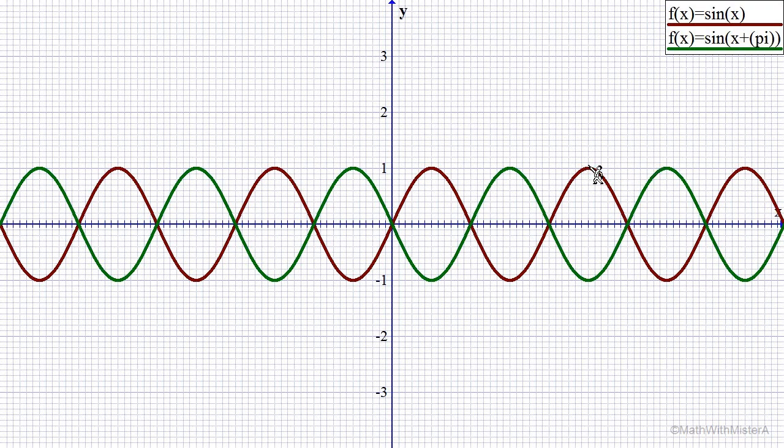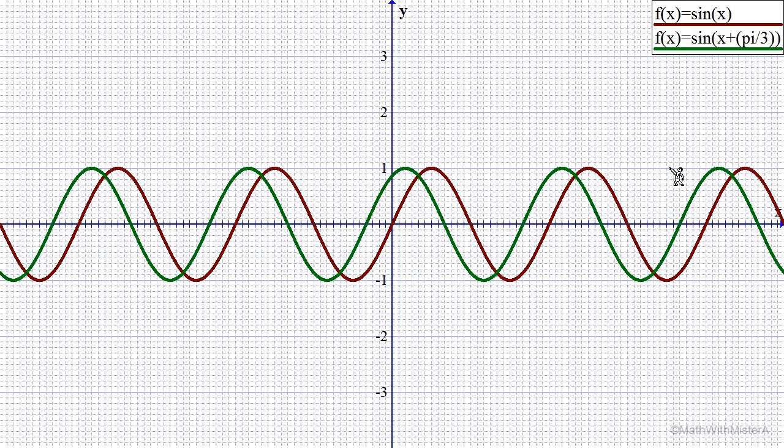Plus pi, so you could say we've shifted it to the left by pi units, 180 degrees, but it looks identical to a shift to the right of pi radians, or 180 degrees. Again, knowing the properties of these trig functions will show us that different transformations can lead to the same result.